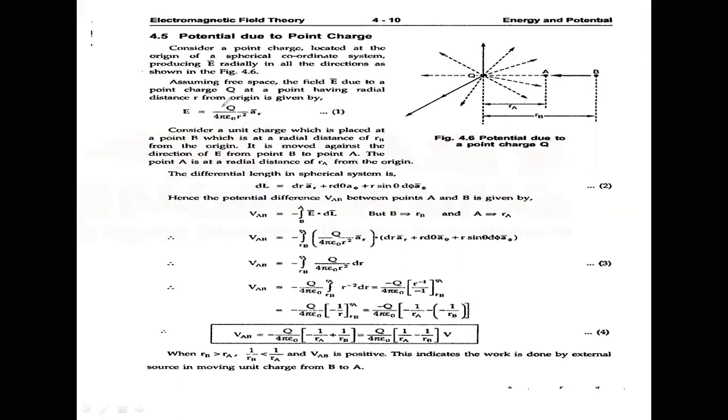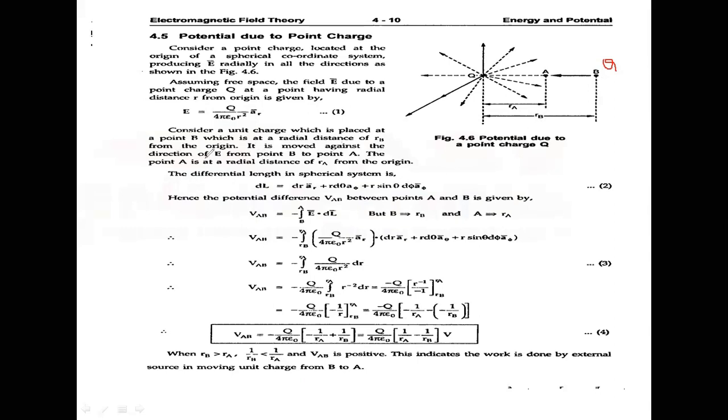E is equal to Q by 4 pi epsilon naught R square into ar bar. Consider a unit test charge Q T placed at a point P, which is at a radial distance R P from the origin.